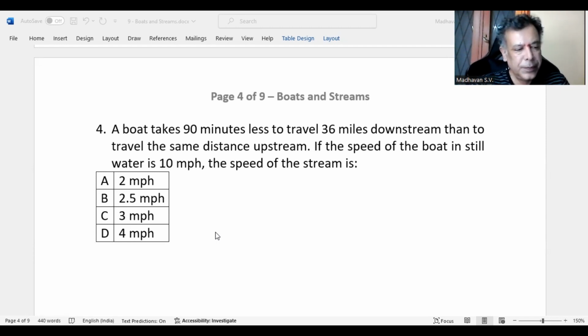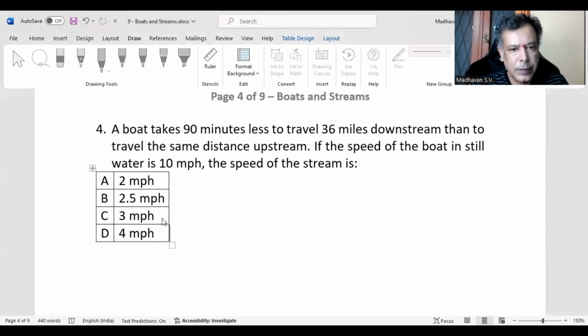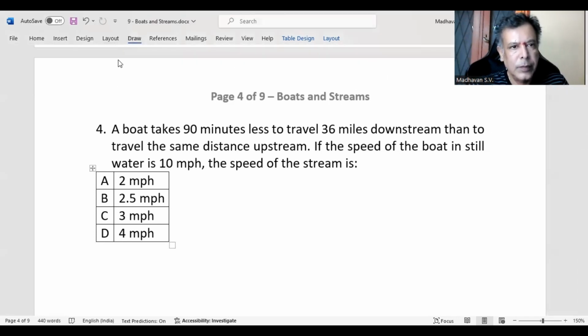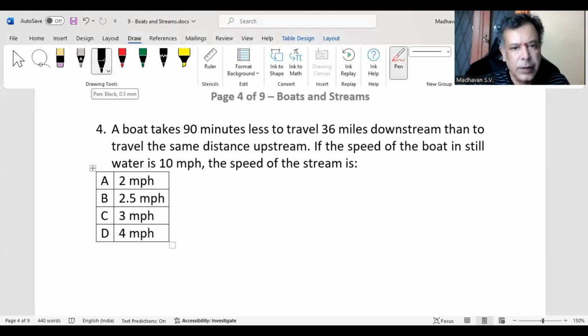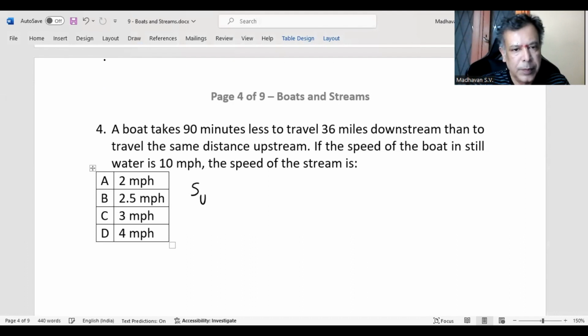So first of all, we'll start with speed upstream, which is nothing but speed of the boat minus speed of the stream.